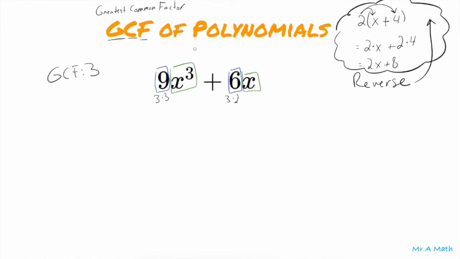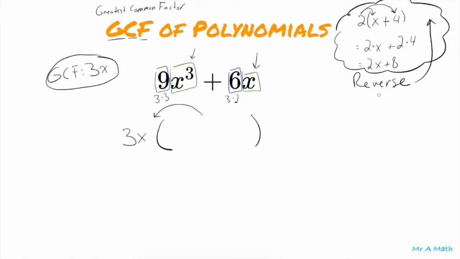And then over here, the x to the third and x to the first power, what do those have in common? Well, that's just going to be one singular x. So my GCF is going to be 3x between these two terms. So now I can take the idea of reverse distributing and I can use this GCF, and we're going to factor it out. So I'm going to pull the GCF out of this term.